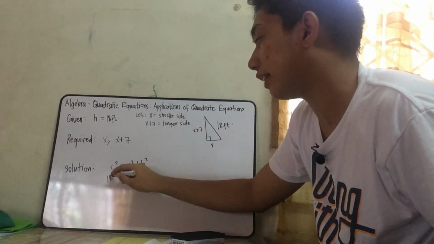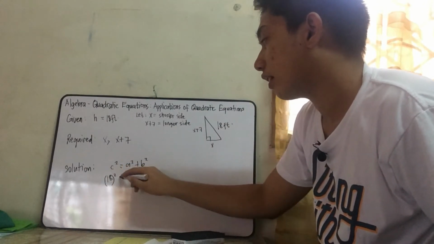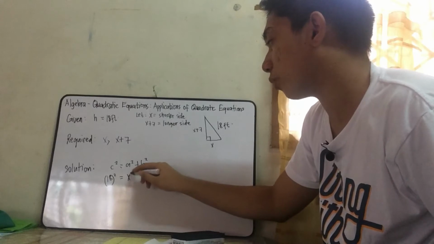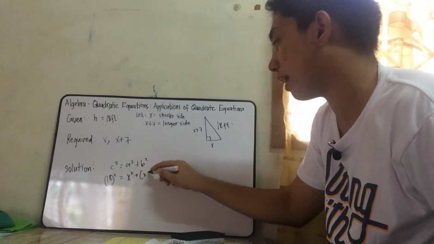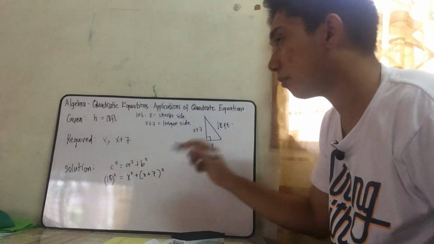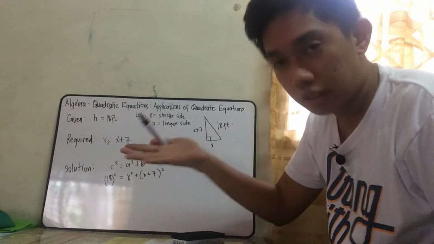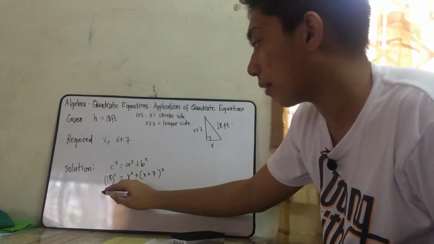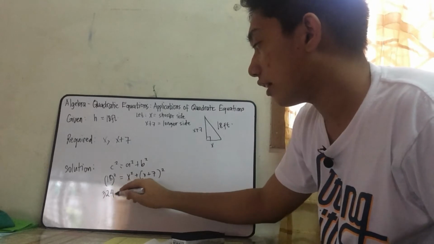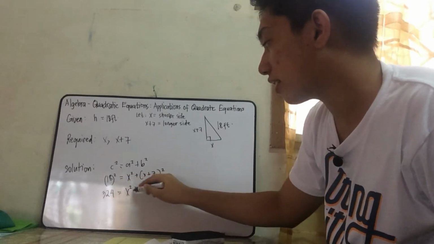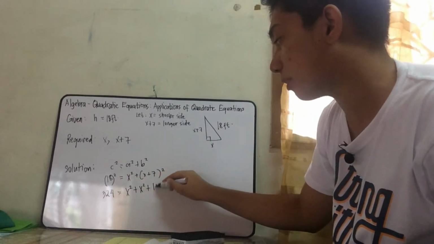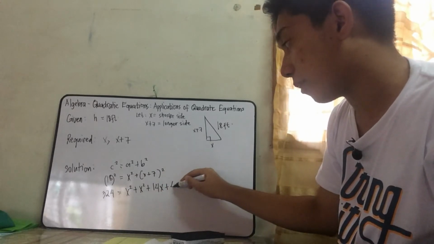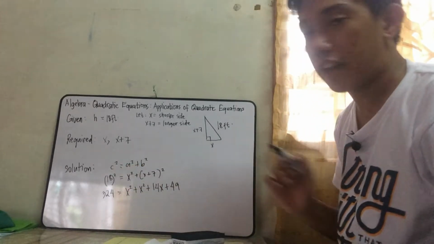So, this becomes 18 squared is equal to x squared plus quantity x plus 7 squared. Now, in this case, we will do operations. So, this becomes 324 is equal to x squared plus 14x plus 49. Okay? Then we simplify.